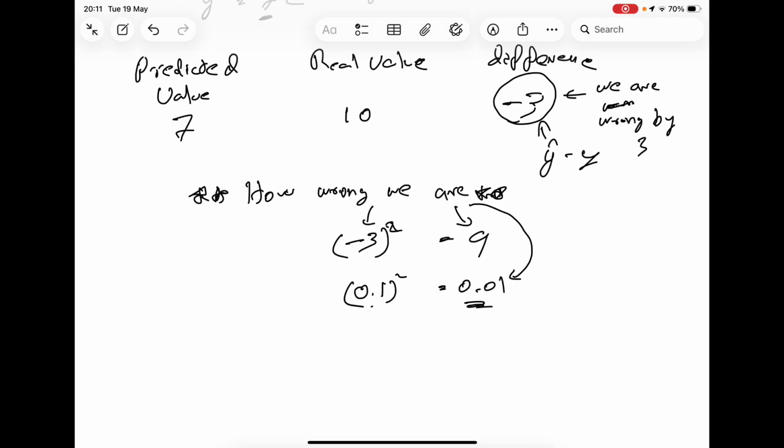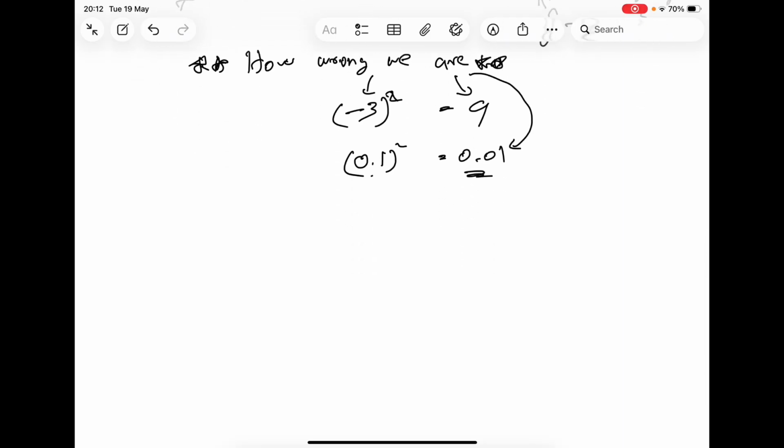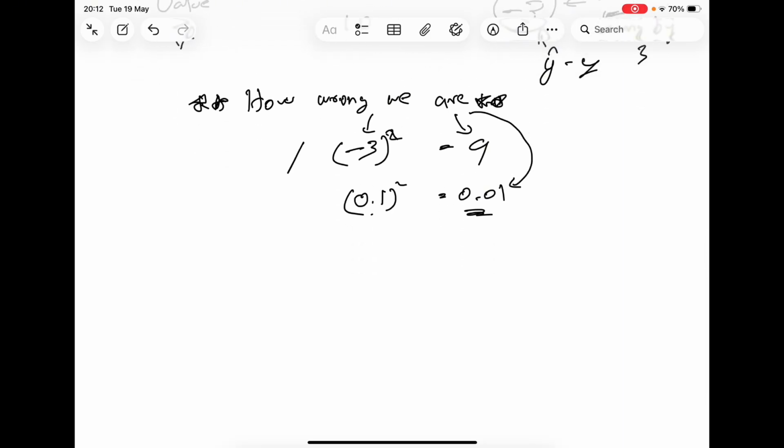Okay, now let's come to our new topic, the loss function. This is not a new topic. This is the same topic that we discussed here, how wrong we are. So the loss function measures how wrong our prediction is, right?